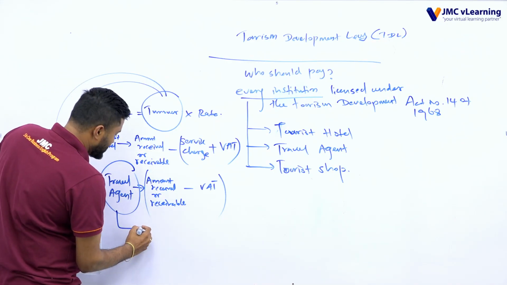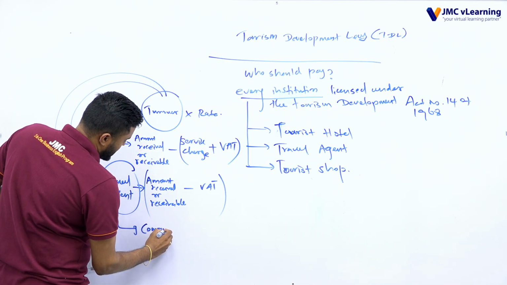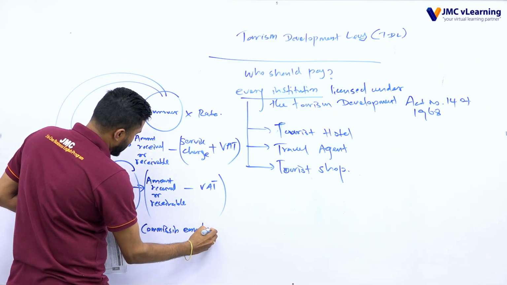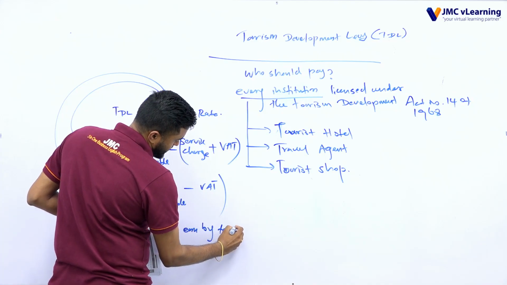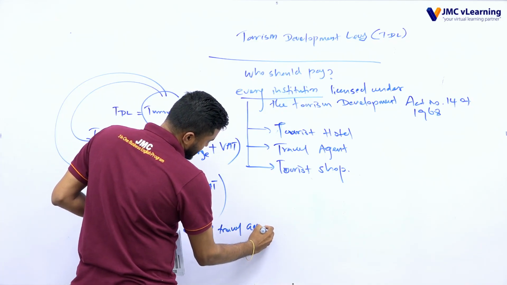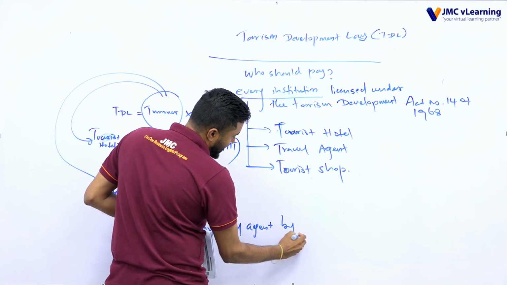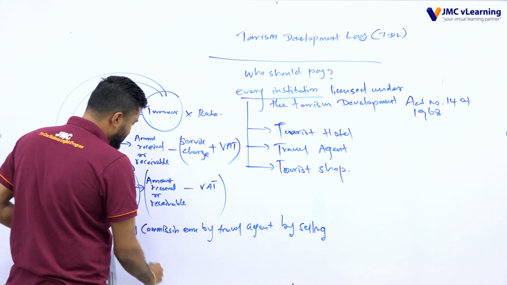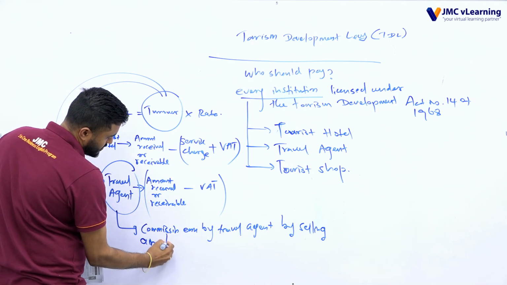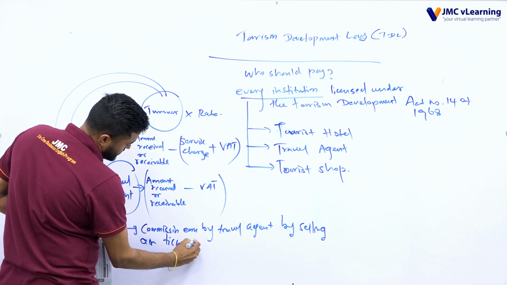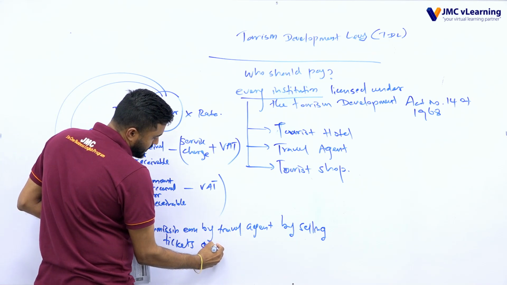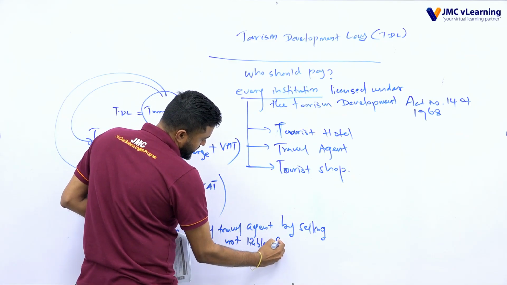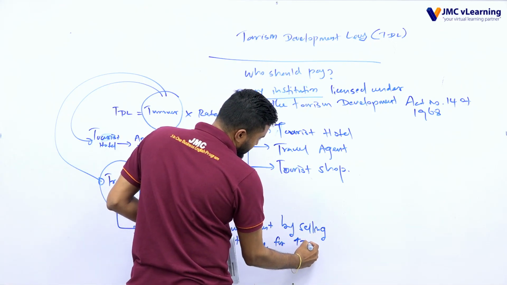The commission earned by the travel agent by selling air tickets is not liable for tourism development levy.